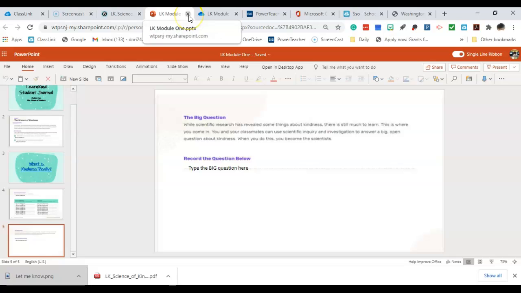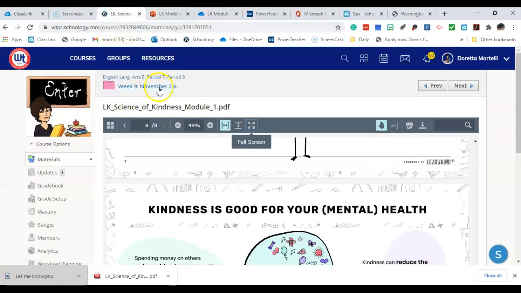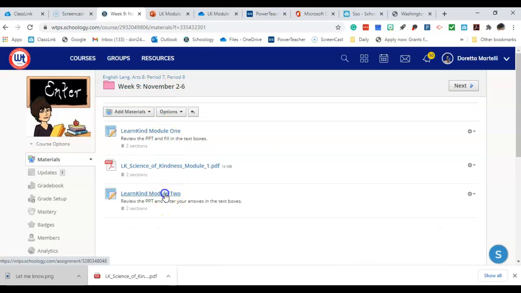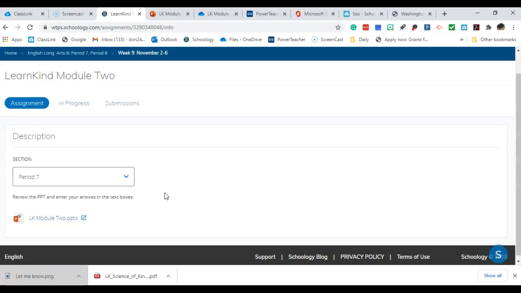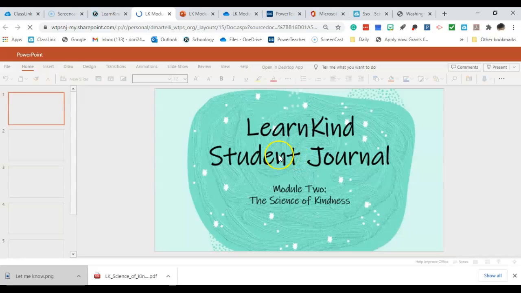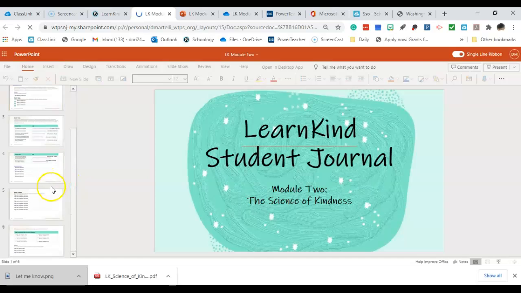The other thing that I would like you to do Tuesday, before we get back together on Tuesday, is to go back to this folder and just go through this module 2. All right, I'm opening it up just so we can see, because this one is a little bit longer.